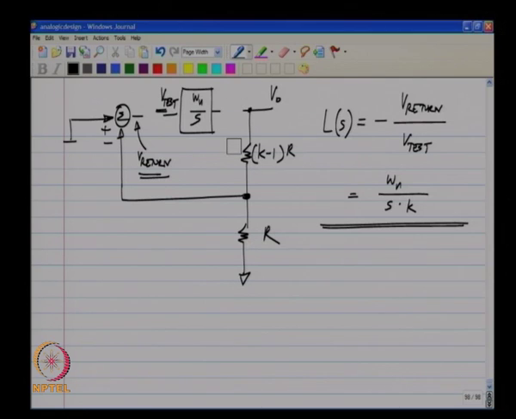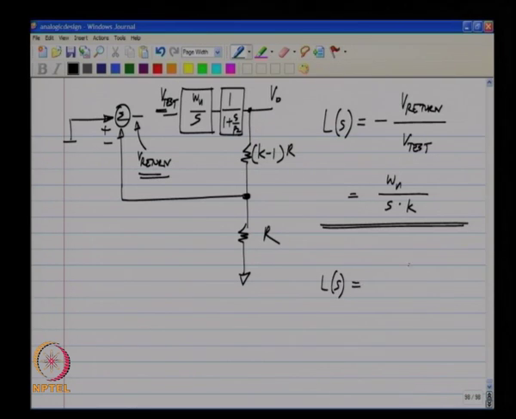Now, if you have an extra pole here, it is very easy to analyze. We get an extra factor of 1 by 1 plus s by p 2 added on to our original loop gain. Okay.